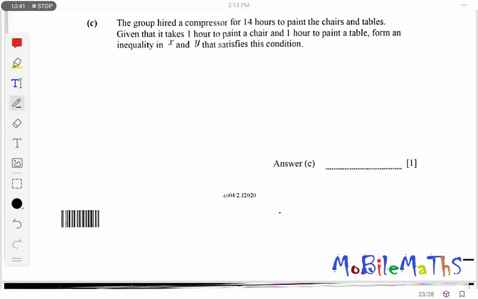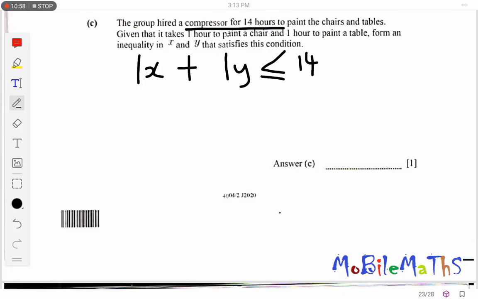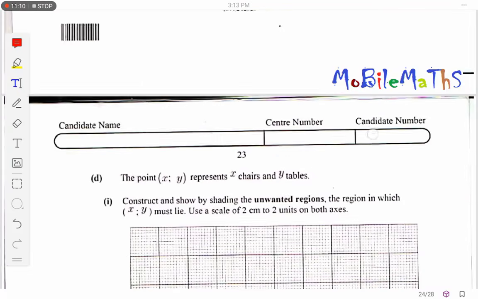So 1 hour times X chairs plus 1 hour times Y tables is going to be less or equal to 14, because of the condition of using it for 14 hours. We can't exceed, but we can go to 14 hours exactly. So our equation is X plus Y is less or equal to 14. So we have formed the equation.